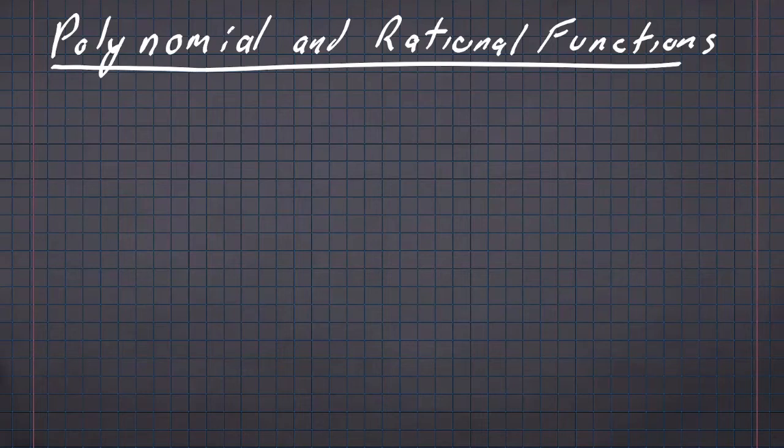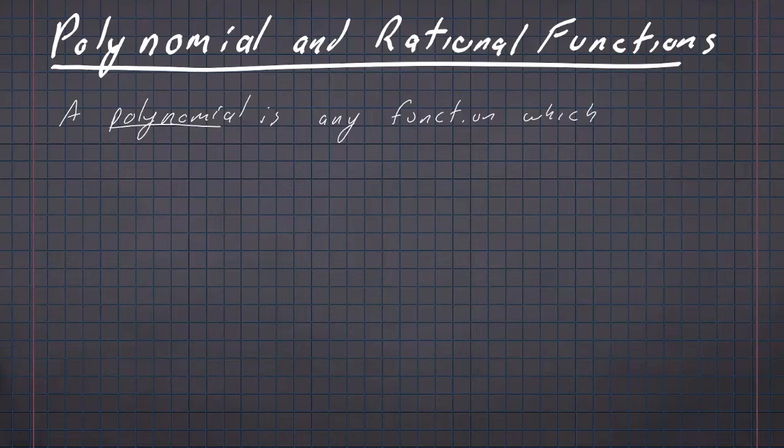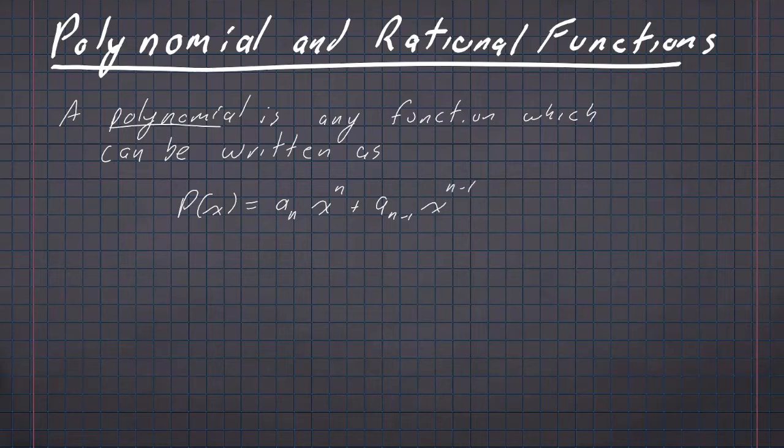A polynomial, you probably remember from a previous course, is any function which can be written as p of x equals a_n x to the n plus a_(n-1) x to the n minus 1 plus dot dot dot plus a_1 x plus a_0.